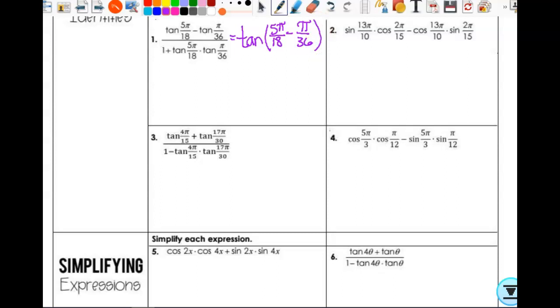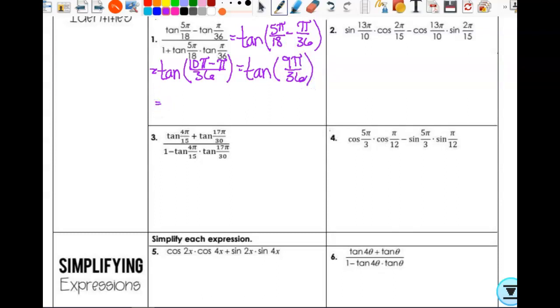So then we need to understand basic fractions. What would our common denominator be here? 36, which means that first numerator will become 10 pi. The second one is still just pi. So then this gives me the tangent of 9 pi over 36.